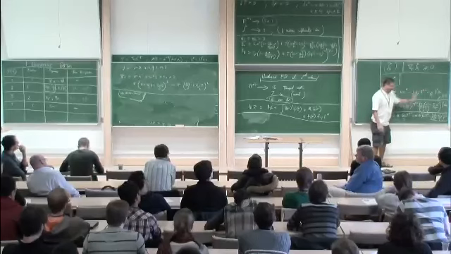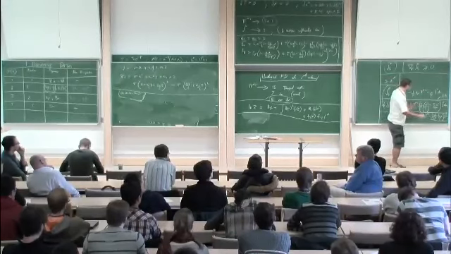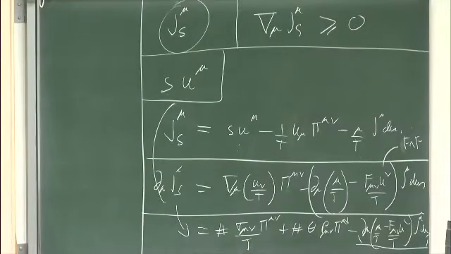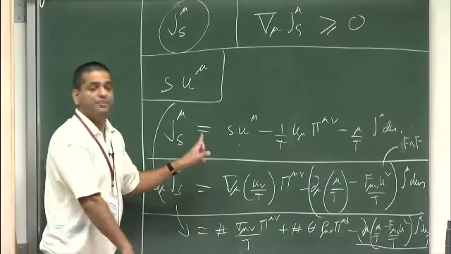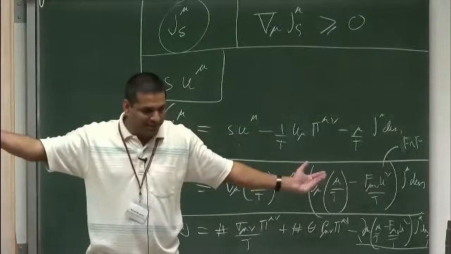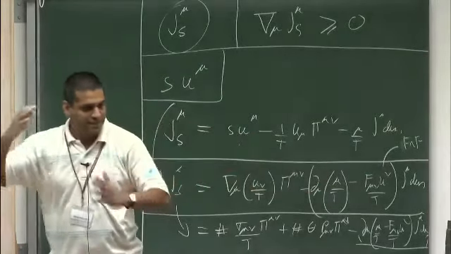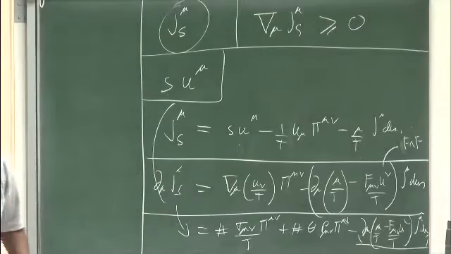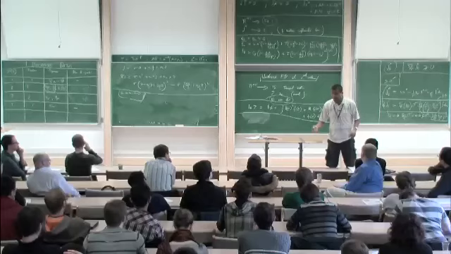When you do that, you find something interesting. You find that the parity even part of the entropy current is bang on constrained to be the Landau-Lifshitz form. So if you start with the most general possibility and impose all the positivity restrictions, it bang on constrains the parity even part to be the Landau-Lifshitz form. That was good.